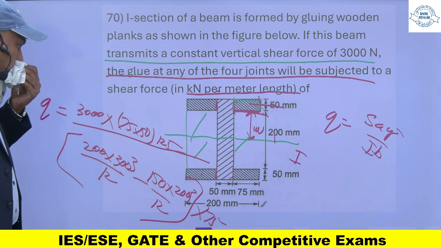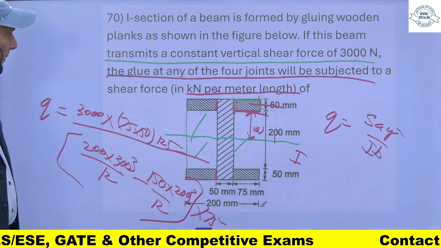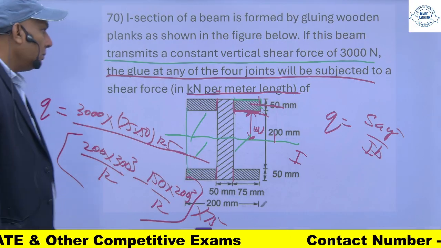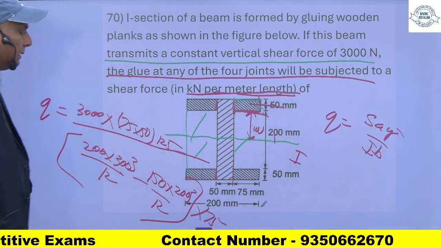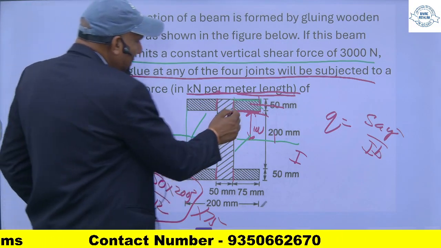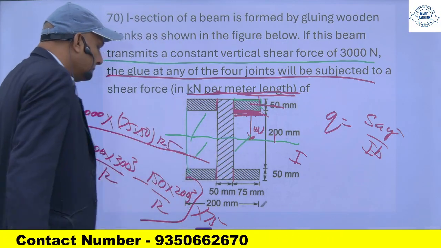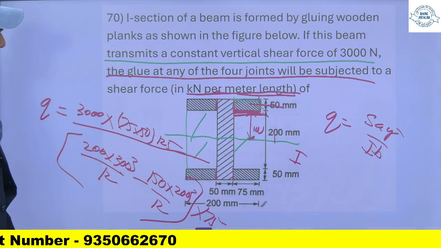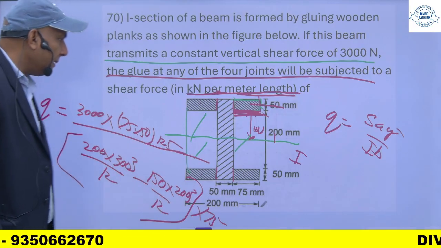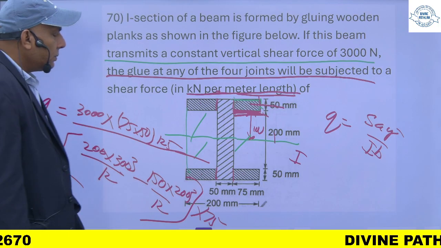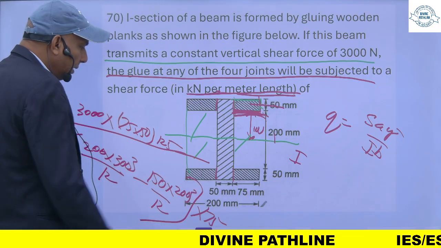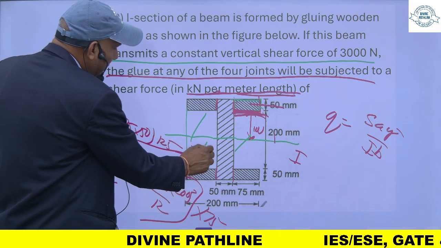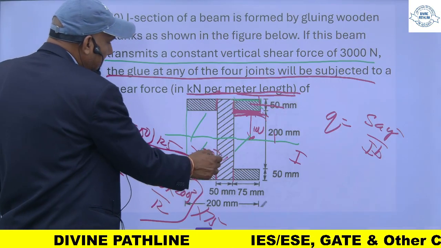So the shear force in kilonewton per meter length. If I convert it to per meter length, this is in Newton per mm square. So this area is 75. I will multiply this by 75 into length.